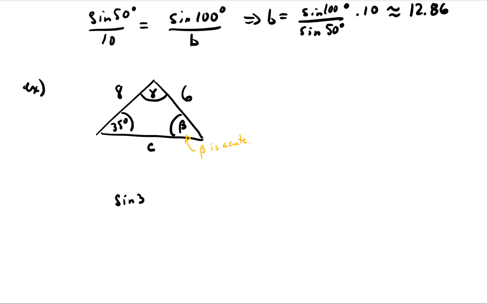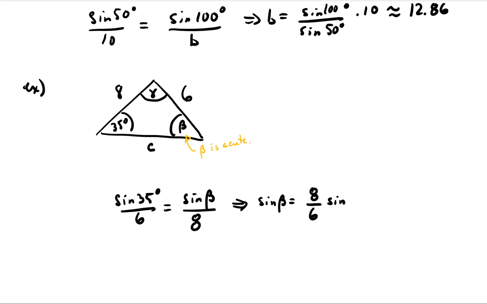So sine of 35 degrees over 6 is, and now I'm going to use beta and its opposite side, sine of beta, which I don't know, over its opposite side 8. And therefore here I've got an equation with only one unknown, so I can try to solve this for beta. So sine of beta will be 8 divided by 6 times the sine of 35 degrees, which I can evaluate.